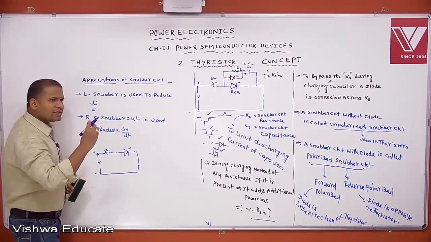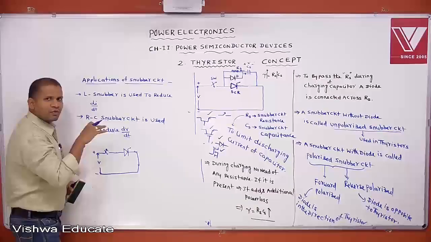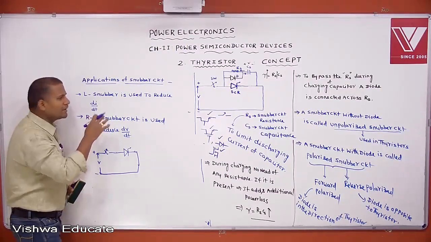I am not discussing dV/dt now; I am discussing another application of the RC snubber circuit.